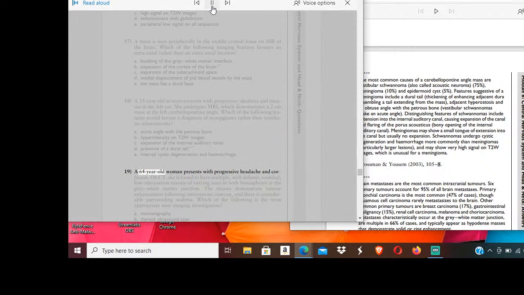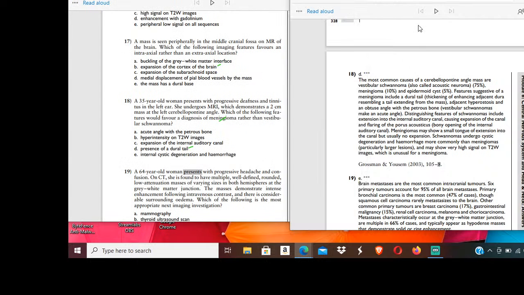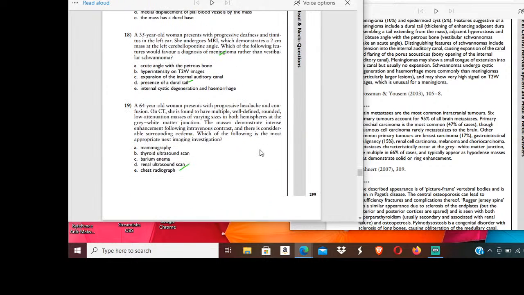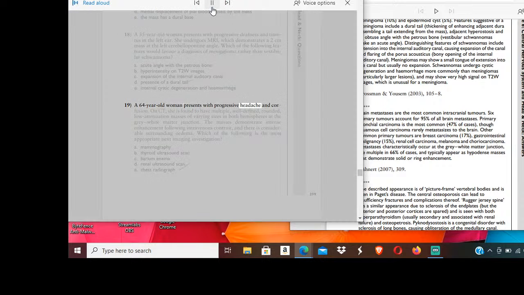19. A 64-year-old woman presents with progressive headache and confusion.